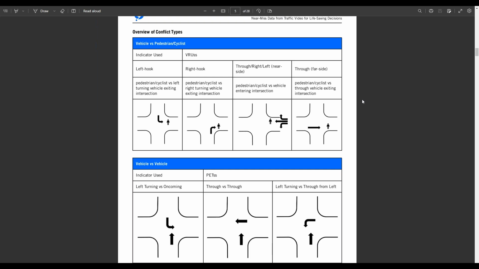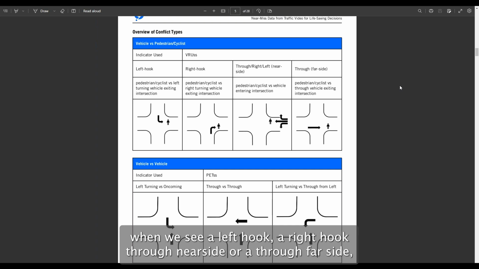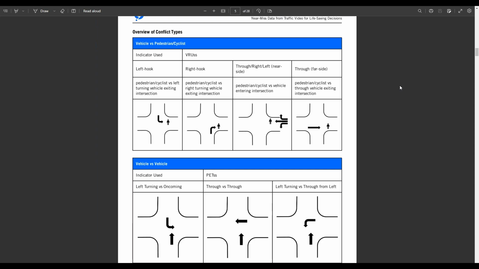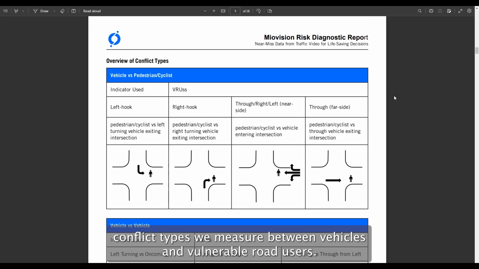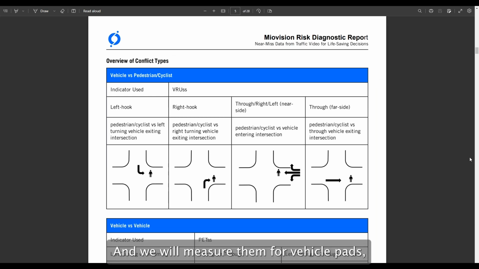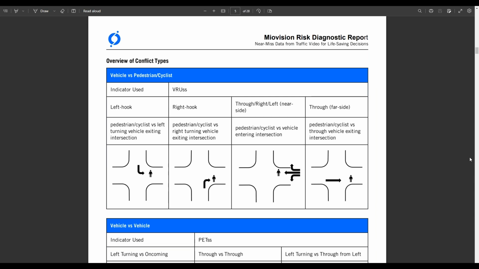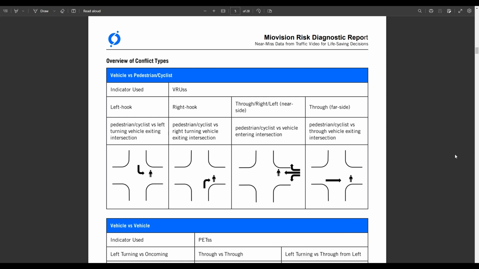Sure. So if you look at the upper half of this screen, it's talking about when we say a left hook, a right hook, a through near side, or a through far side. These are the generic prototypical conflict types we measure between vehicles and vulnerable road users. And we will measure them for vehicle-PEDs, vehicle-bikes, and vehicles and e-scooters. That adds up with 3 modes and 4 conflict types and 4 approaches to 48 different configurations that we'll measure.